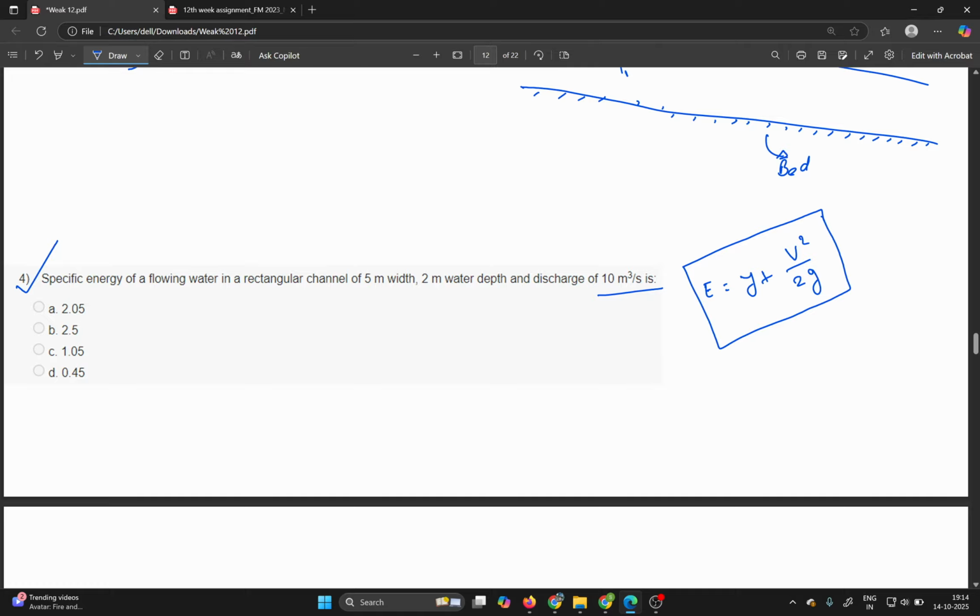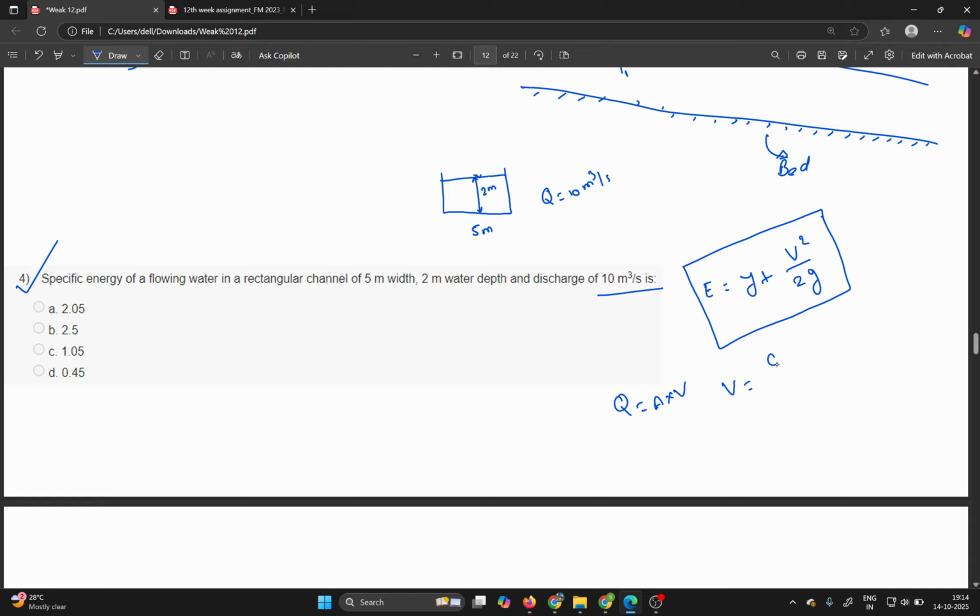In the question you have a rectangular channel, the width is 5 meter, the depth is 2 meter, and the discharge is 10 meter cube per second. The discharge formula is Q equal to area into velocity.